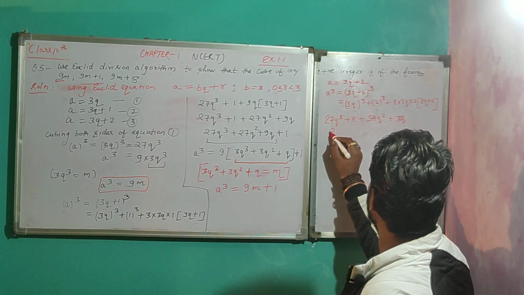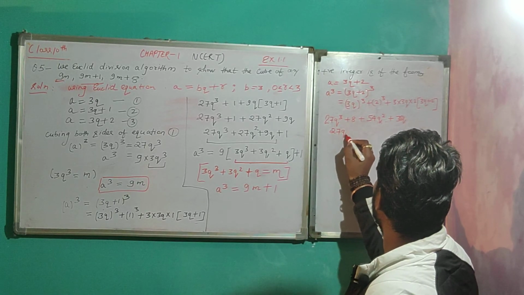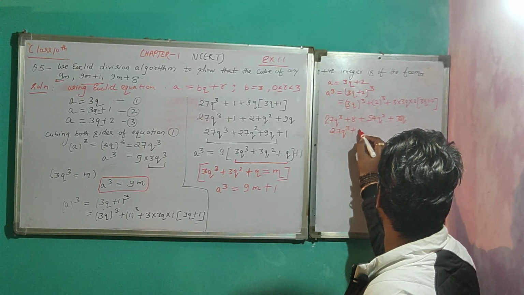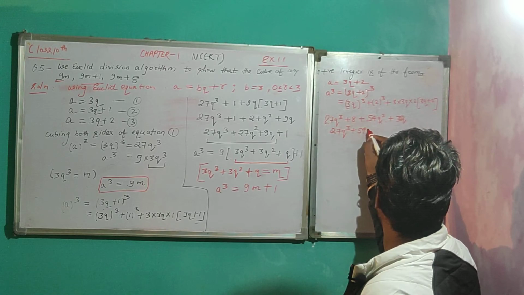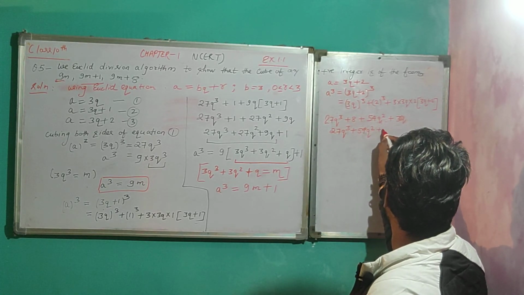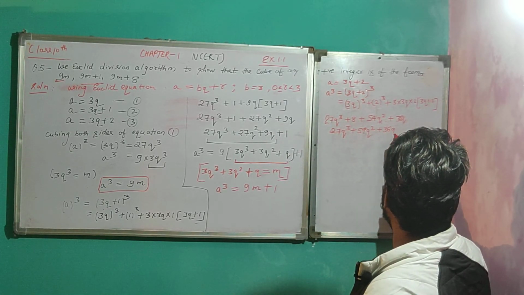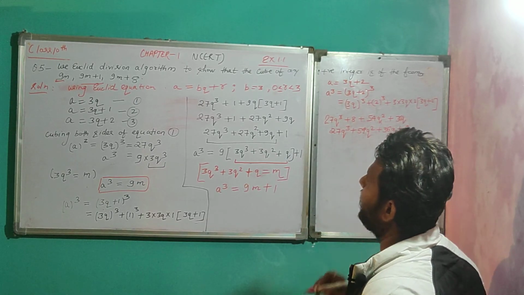Now rearranging terms, 27q cube plus 54q square plus 36q plus 8.